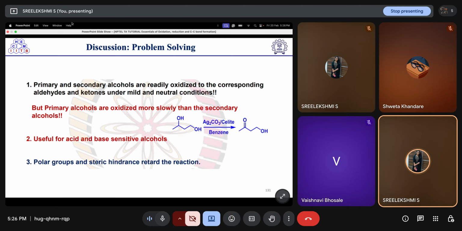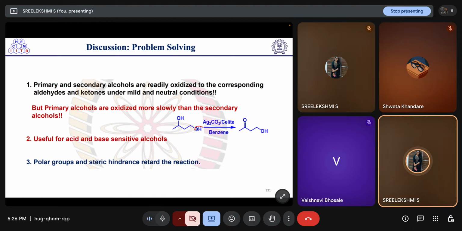If you see here, in this compound we have both a primary alcohol as well as a secondary alcohol, but the primary is remaining as such and the secondary alcohol is oxidized to the corresponding ketone. Then, as we said earlier, it can be used for acid and base sensitive alcohols. One drawback is that if polar groups or steric hindrance are there, that can decrease the rate of the reaction.